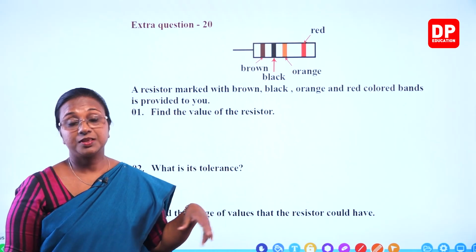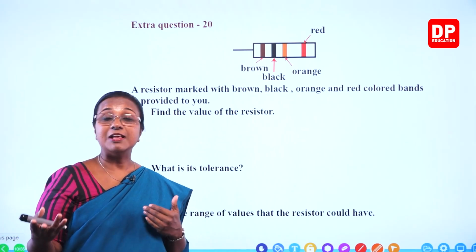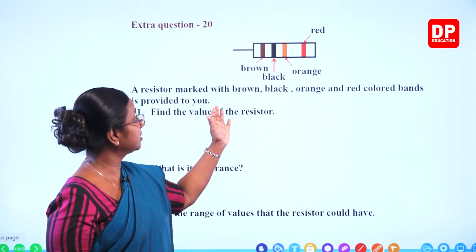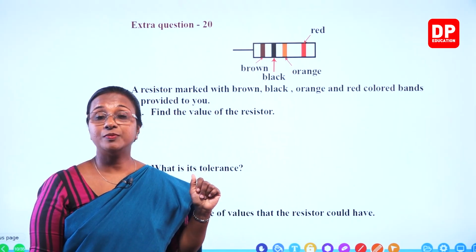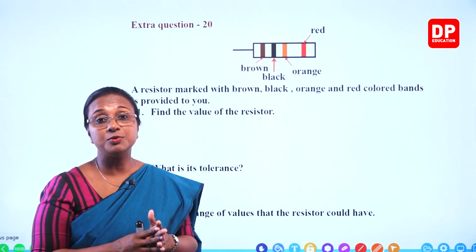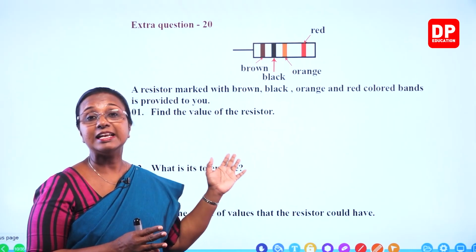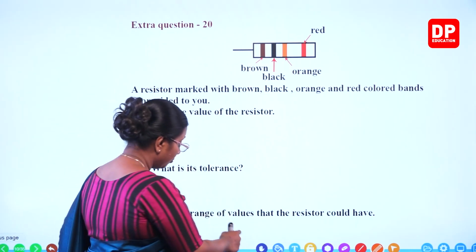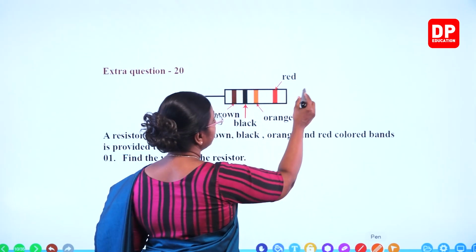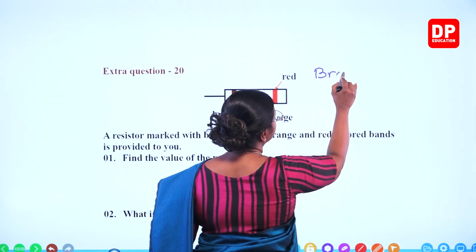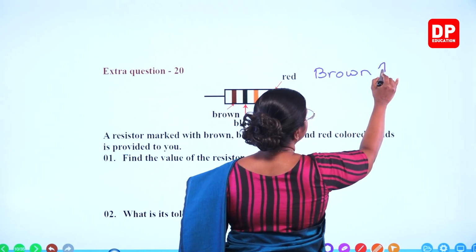And normally in your exam paper, they will give you the values corresponding to the color bands. But now that you have the textbook with you all have the table in the textbook. You can look at the table and get the values. So you will remember, students, the value for brown is 1.